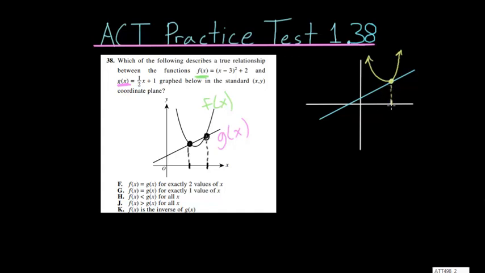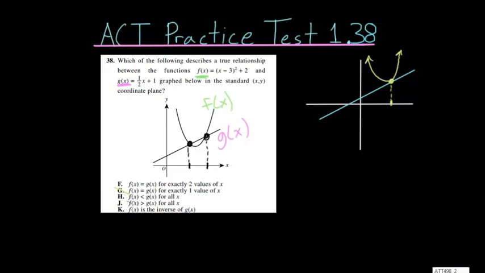Whatever this x value is, this is the x value that the two functions are equal at. But as you can see, these two pictures are not alike. This f of x that we have does not just touch the graph, it actually crosses it and comes back up through it again. So we've eliminated choice G here.